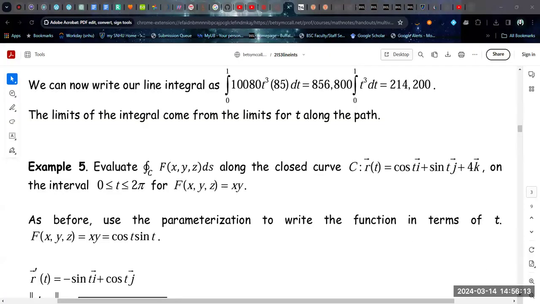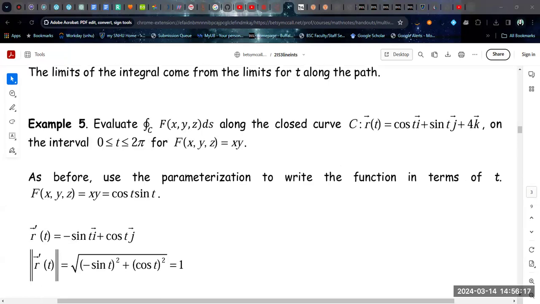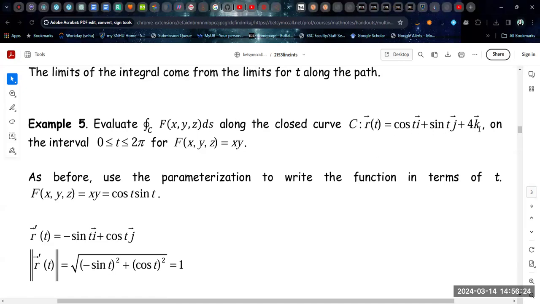All right, so in our next example, we're going to integrate along the closed curve cosine t, sine t, 4t on the interval 0 to 2 pi. So this is a circle at the height z equals 4.